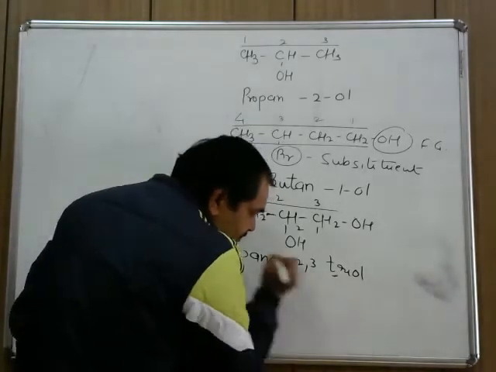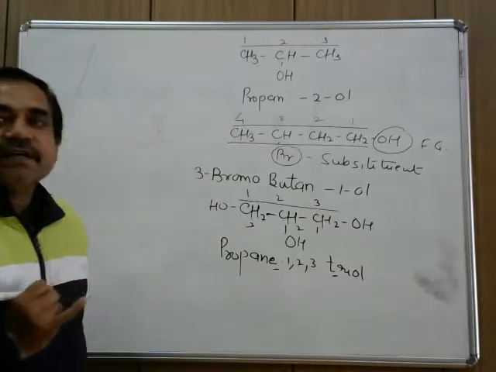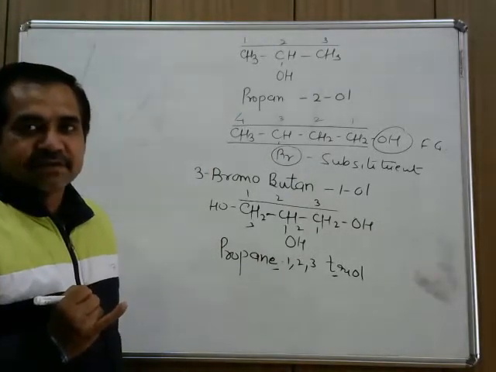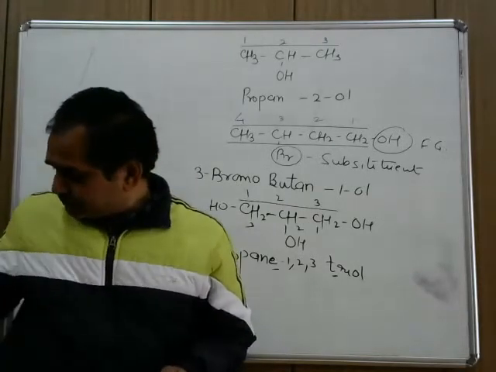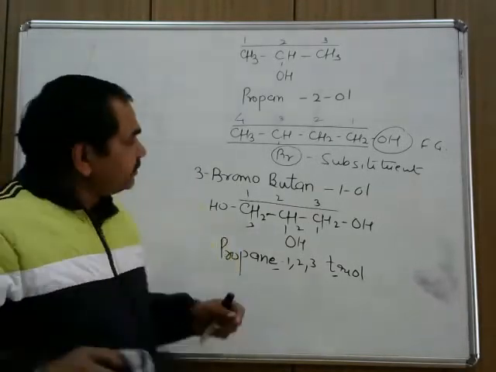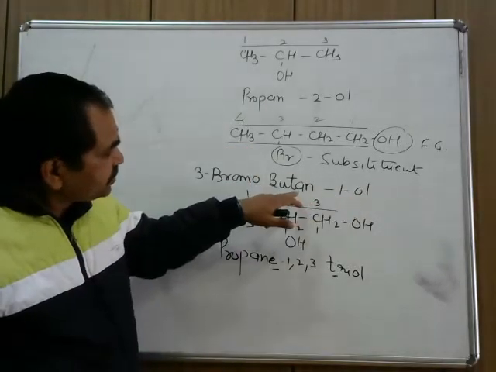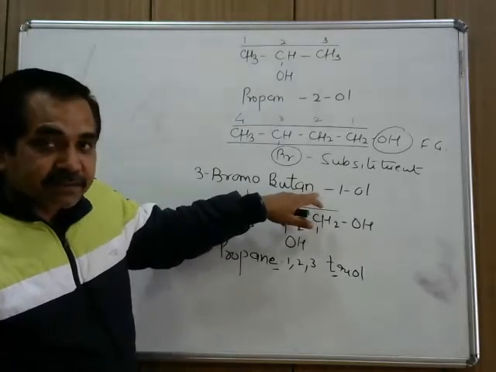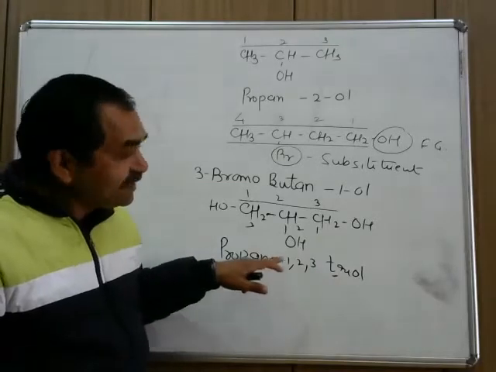Since this starts with a consonant, the e of suffix 1 is retained here. While in the earlier examples, since it starts with a vowel, in place of ane we have written only an. But this starts with a consonant, so we write ane.